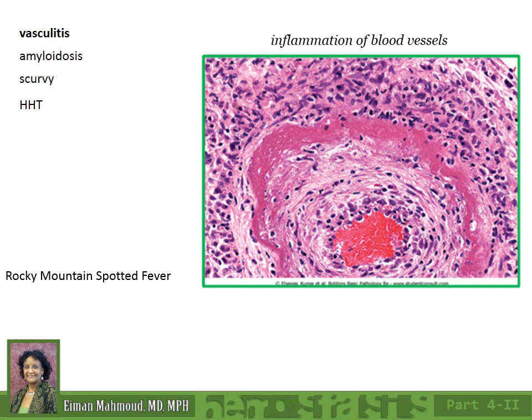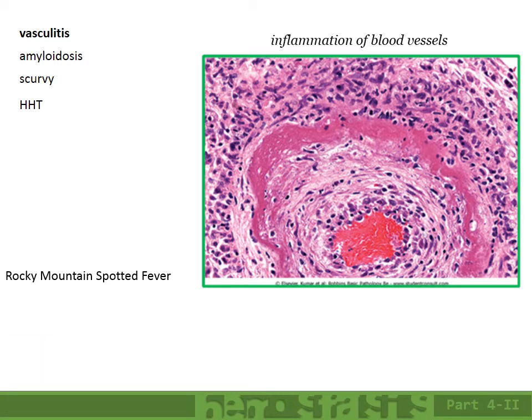Fibrin will leak out and be deposited around the blood vessel, giving this homogeneous pink color to the tissues, which are affected by the lack of blood supply. So you will have a necrosis which is fibrinoid in appearance. In simple English, it is a pink homogeneous color.